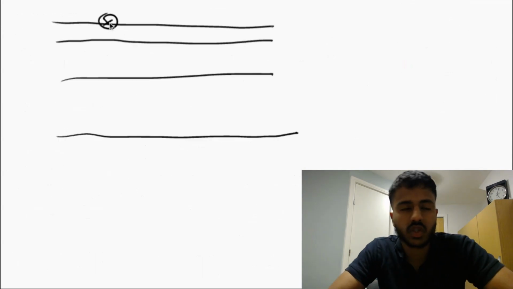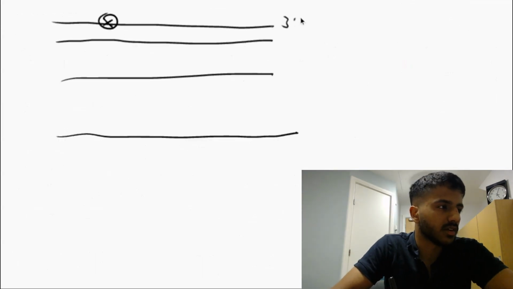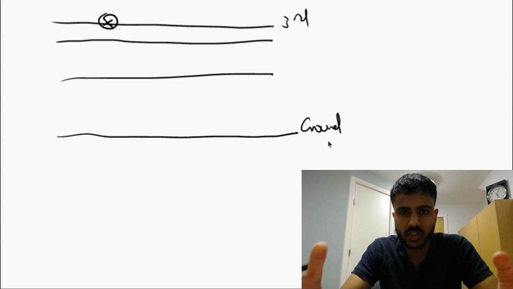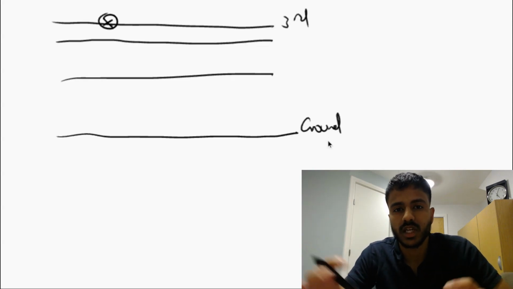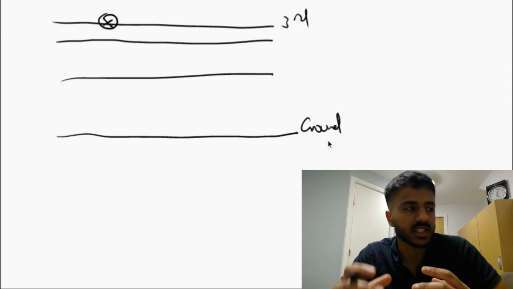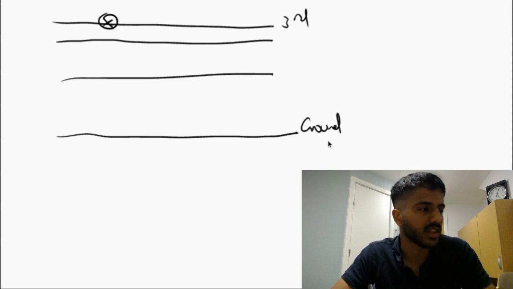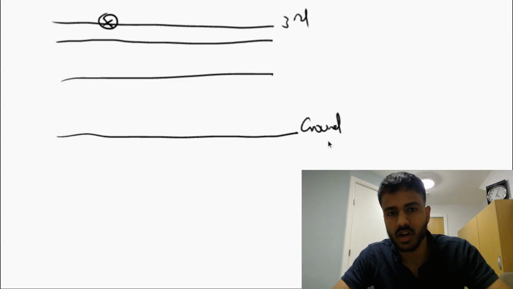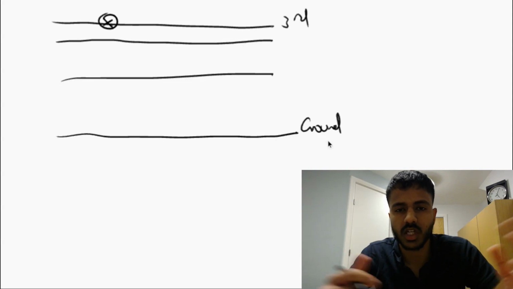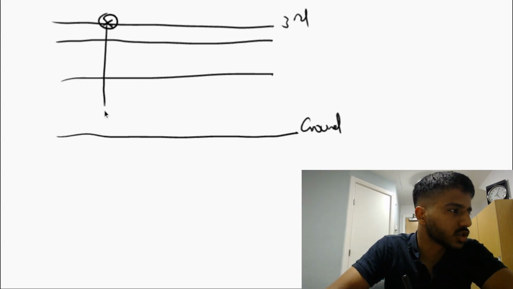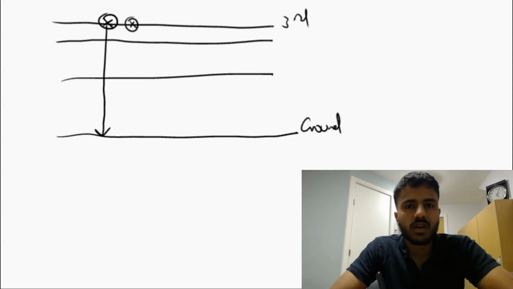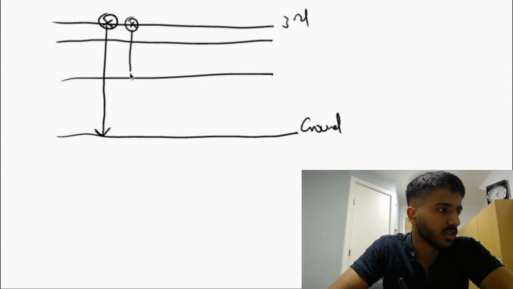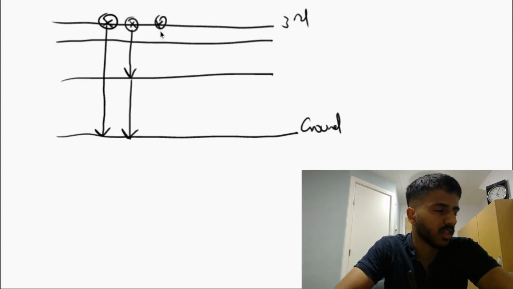Now, if you had an electron or electrons in this third energy level, a common multiple choice exam question could be, how many colored lines will you see in an emission spectrum? And that is governed by how many different paths this electron can take from this third energy level to the ground energy level. So let's go through that. It can take a straight path from the third level to the ground level. It can take a path from the third energy level to the first energy level, and then from the first to the ground level. It can take it from the third energy level to the second energy level, and then straight to the ground energy level.